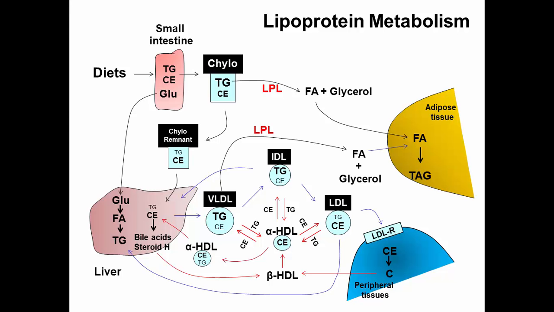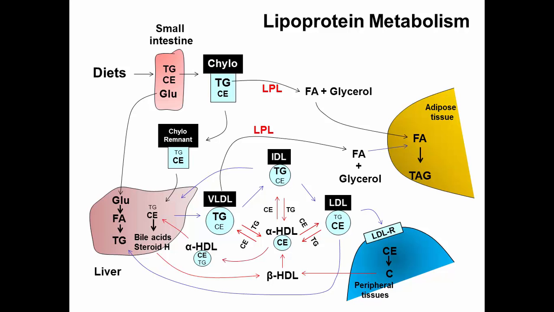And the remnant: once they finish this process, picked up by adipose tissue, they still have some triglyceride left in the chylomicron, and you can see the significant decrease of the triglyceride content in the chylomicron remnant compared to mature chylomicron, right?